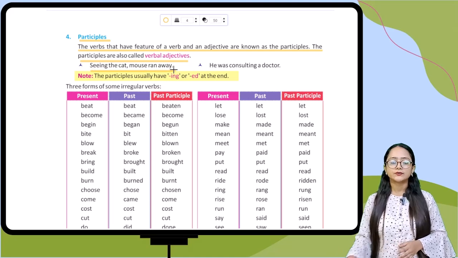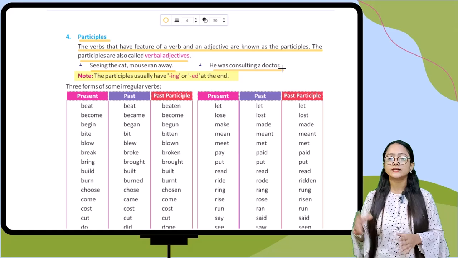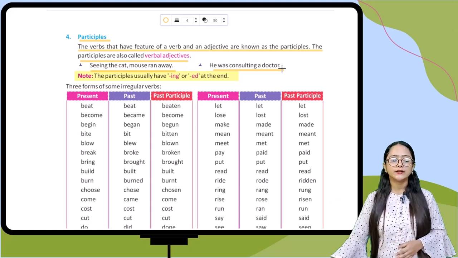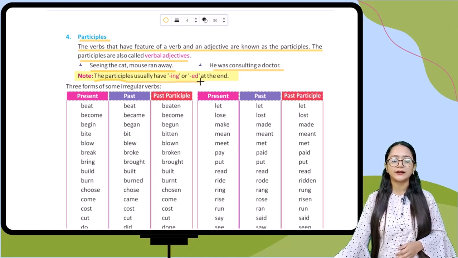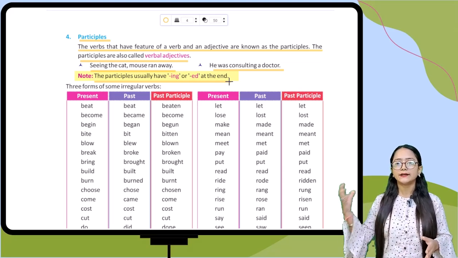Next one is, he was consulting a doctor. Now before moving further, there is a note. Participles usually contain ing or ed at the end.